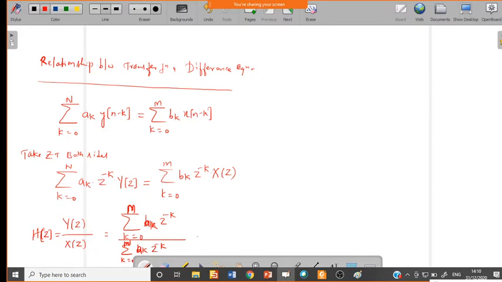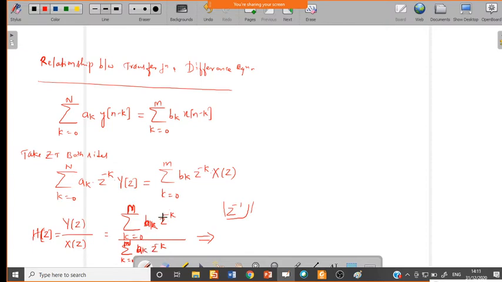Okay, so now we can observe that in the transfer function, these coefficients varying from 0 to m and 0 to n are the polynomials of z power minus 1. These polynomials determine y of z and x of z.